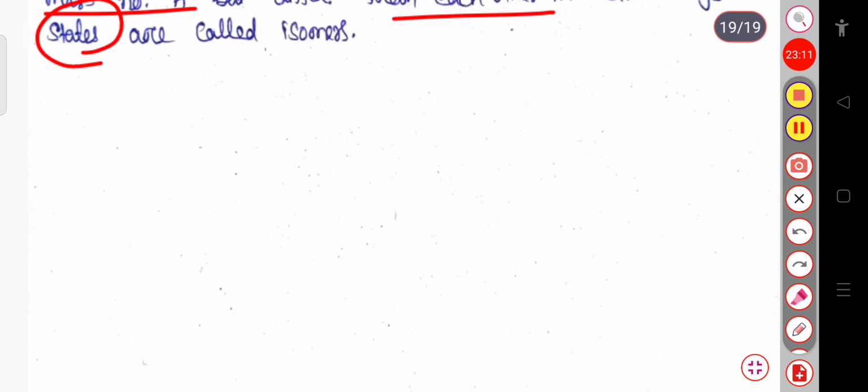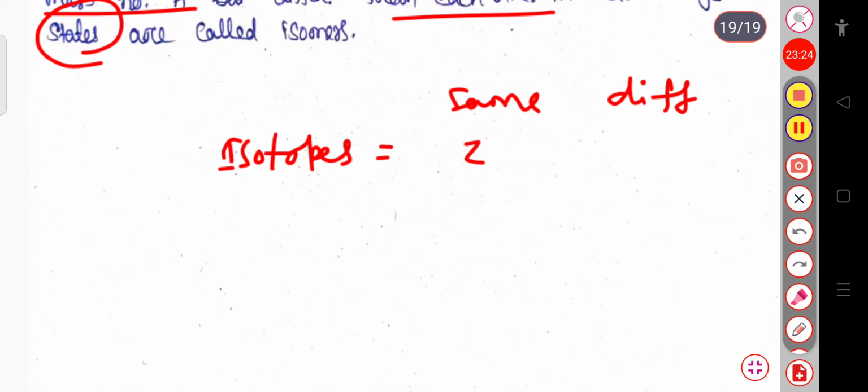So basically, just try to remember: in the case of isotope, what is the same? Z is the same. Which one is different? The atomic mass number is different. In the case of isobar, the A value is the same, the Z value is different.